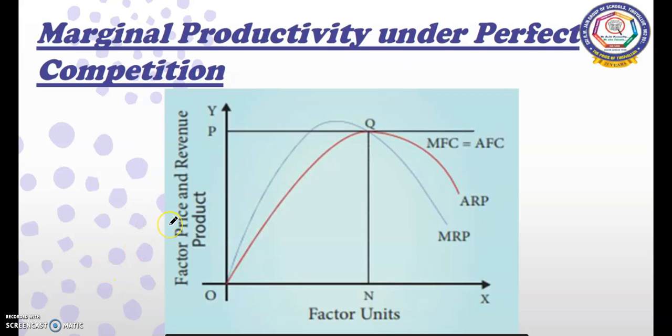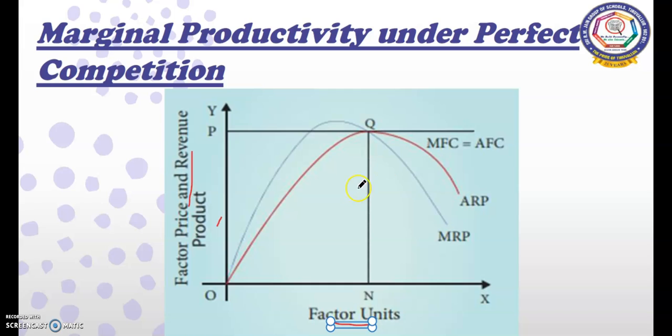So this diagram refers to the factor pricing under perfect competition in the factor market. Here x-axis represents the factor units and y-axis represents the factor price and revenue product.